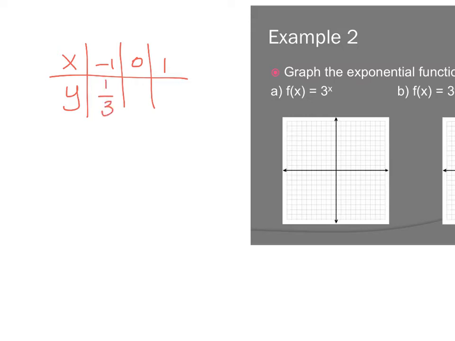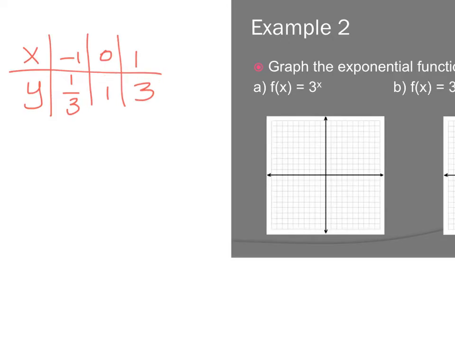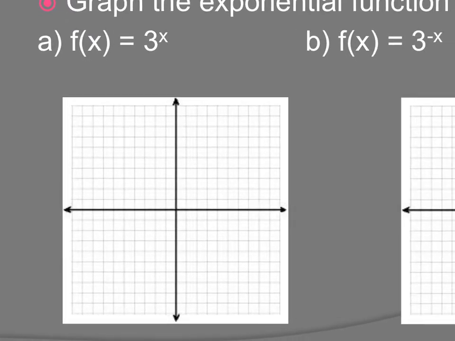So a negative exponent brings that number down to the bottom part of the fraction, right? How about 3 to the 0? 1. How about 3 to the first? 3. And now I'm going to graph these. So negative 1 and 1/3, 0 and 1, and 1, 3.